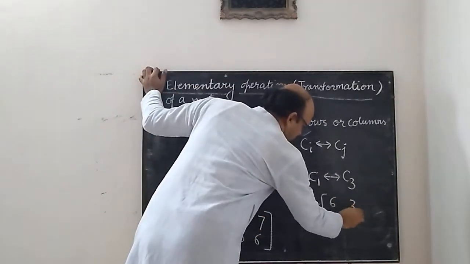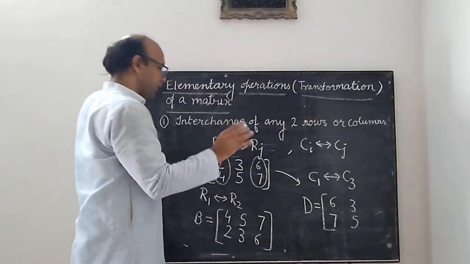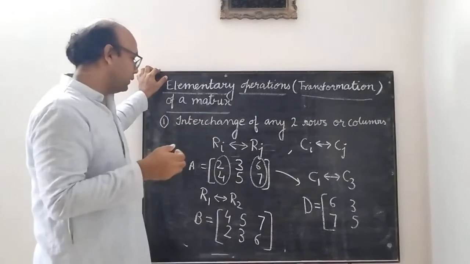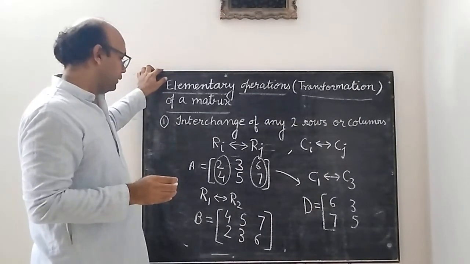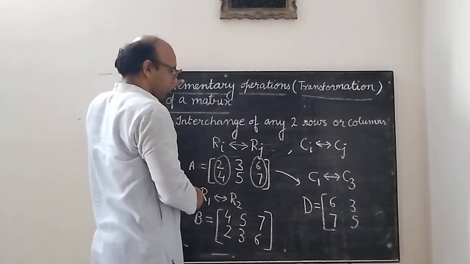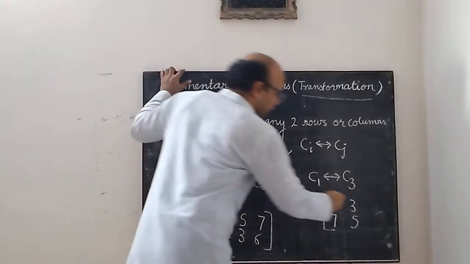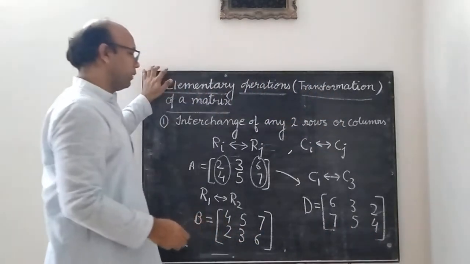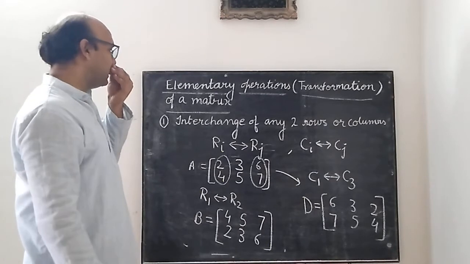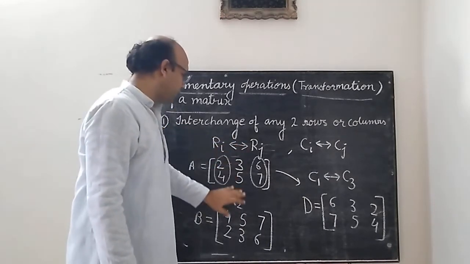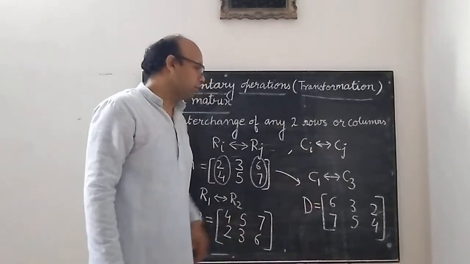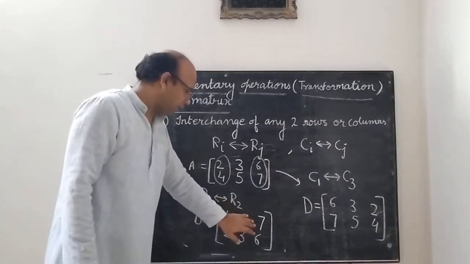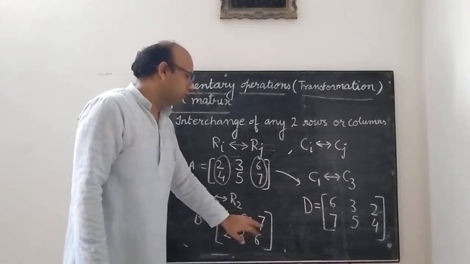The second column remains undisturbed, and the elements of the first column now become the elements of the third column. So we get a new matrix. This is how we apply the row operation and the corresponding column operation on a matrix.